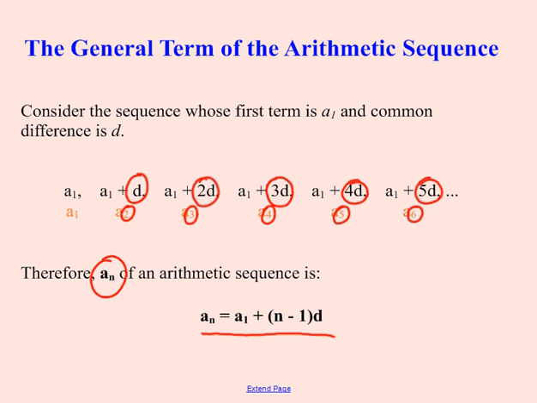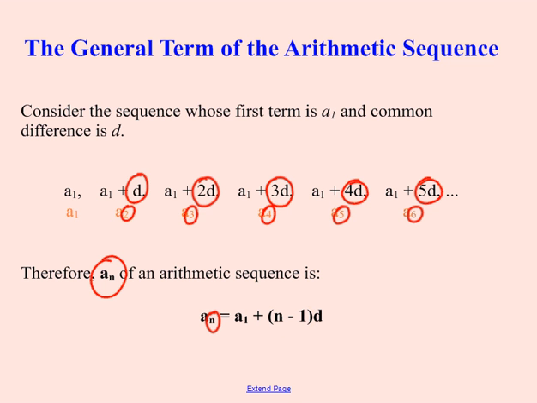And again, what this is saying is we take the first term, we add on the common difference one less time than the number of the term we're trying to find. So if we're trying to find the nth term of the sequence, we're going to add the common difference on n minus 1 times, one less time than n.